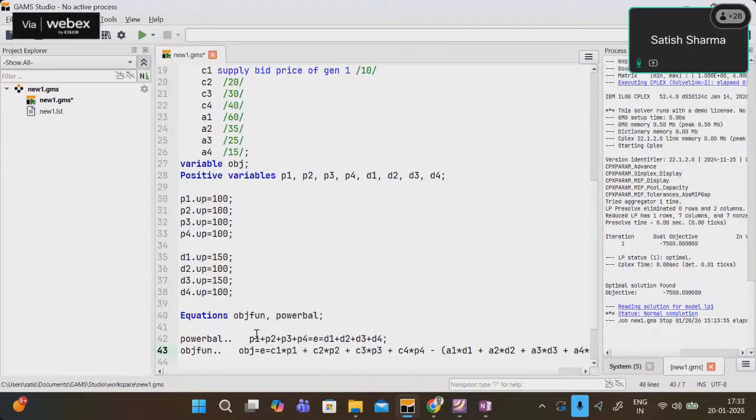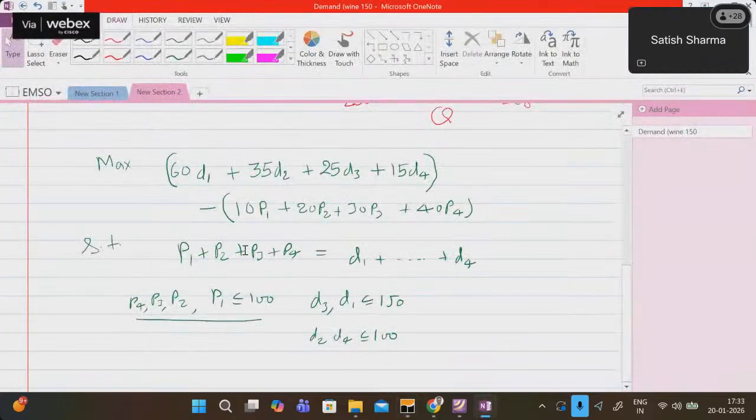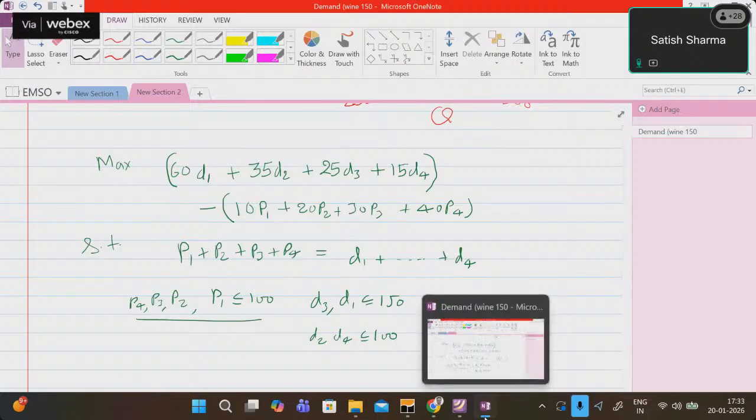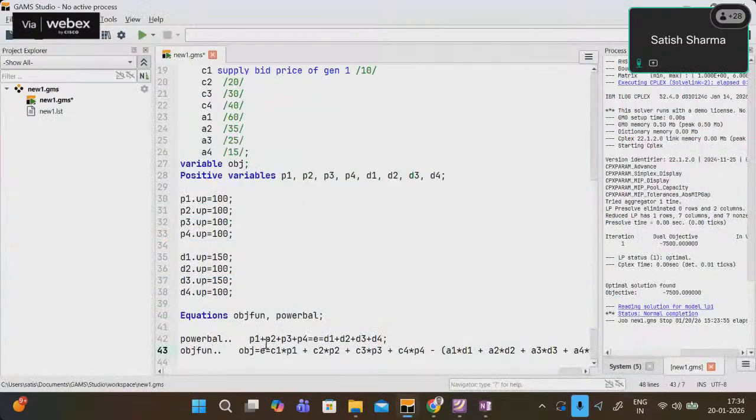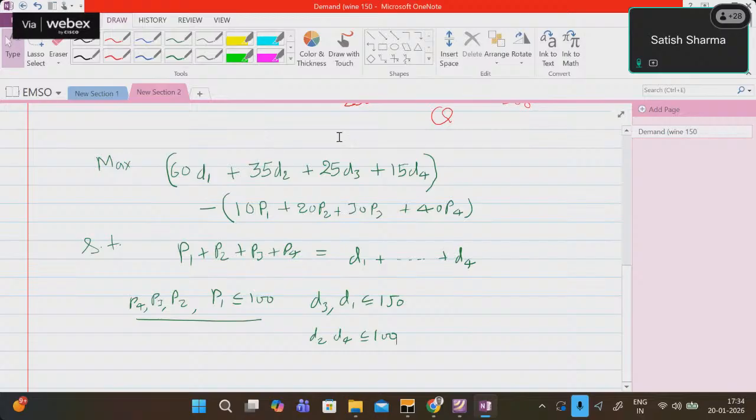This is how we have written it: P1 plus P2 equals D1 plus D2, D3, D4. And the same way we are writing here, P1 plus P2 plus P3 plus P4 equals D1 to D4. Then I have to maximize this entire term.